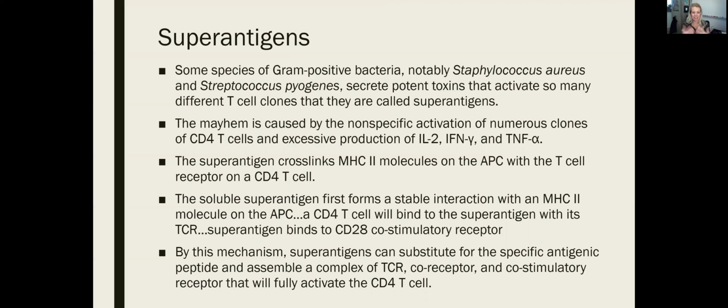See, it doesn't have that specificity. And that's why we get all of these cytokines going, all that inflammation, and that can lead to shock, to all sorts of systemic problems: systemic inflammation, organ shutdown, all of this. So these superantigens can actually substitute for the specific antigen for a whole bunch of T cells.